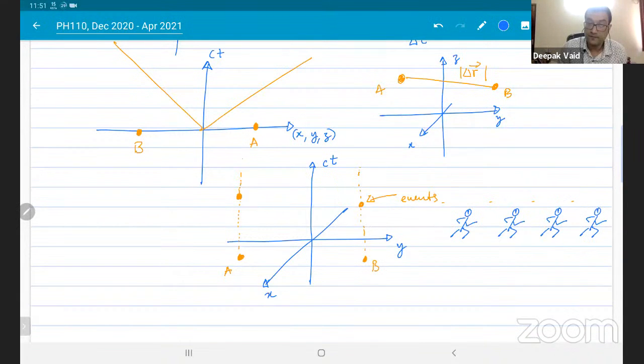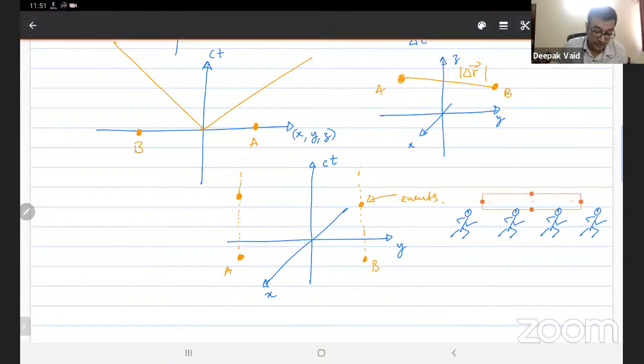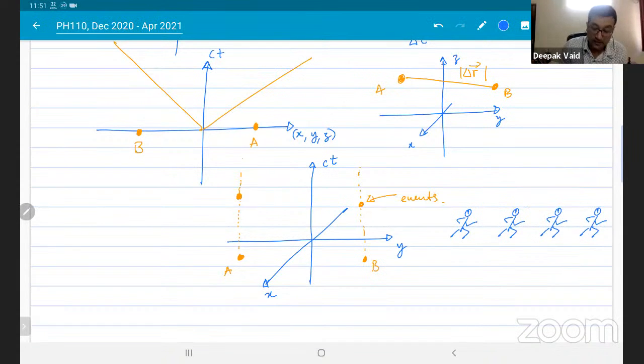Now these are the snapshots of that person at different instants of time. So let's say t is equal to 0 seconds, 1 second, 2 seconds, and 3 seconds.